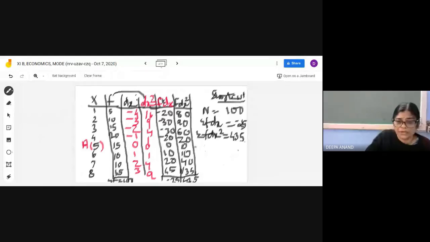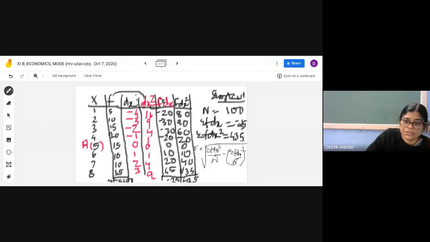So standard deviation is equal to root of sigma f dx square upon n minus sigma f dx by n the whole square, and everything is in the root. This is the formula.